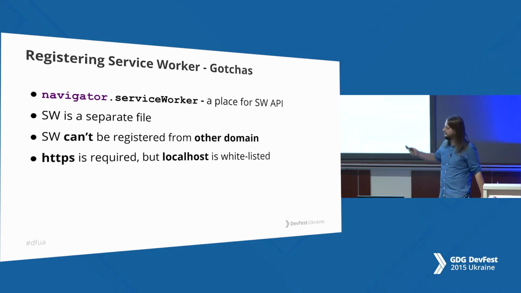So these three points are about the security of the service worker. So it's only HTTPS and it's only your domain. So you can be aware that it won't be attacked or something else.